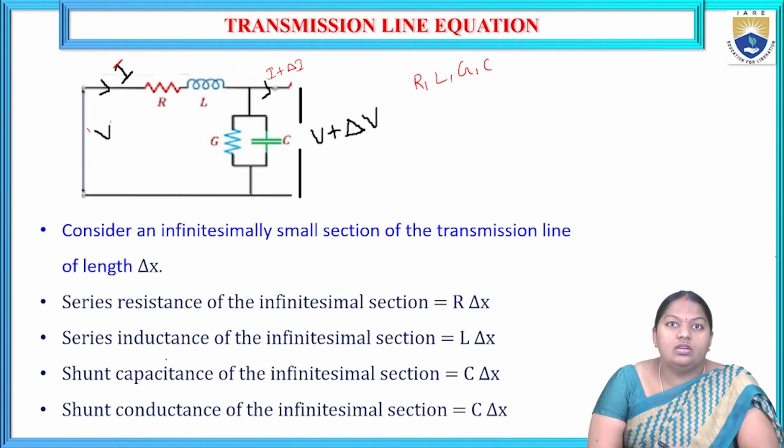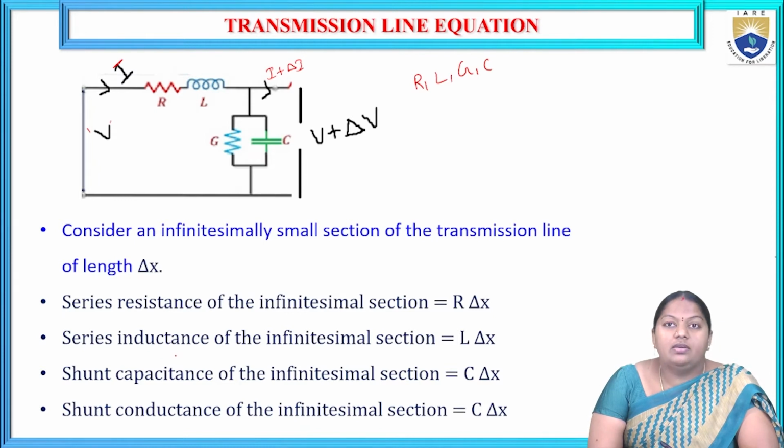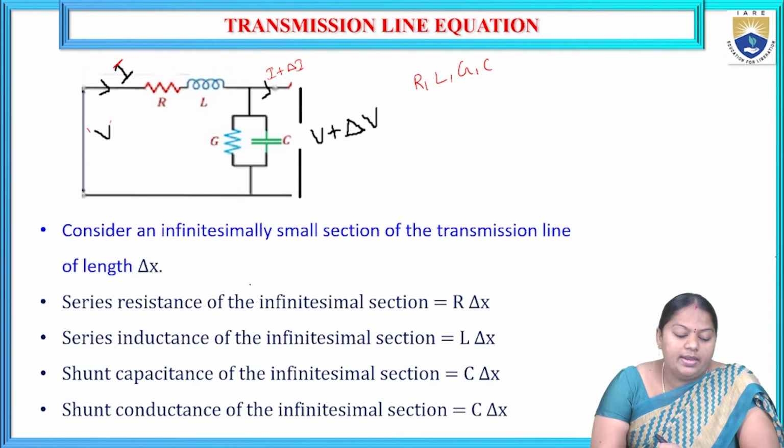Now consider an infinitesimally small section of the transmission line of length delta x.